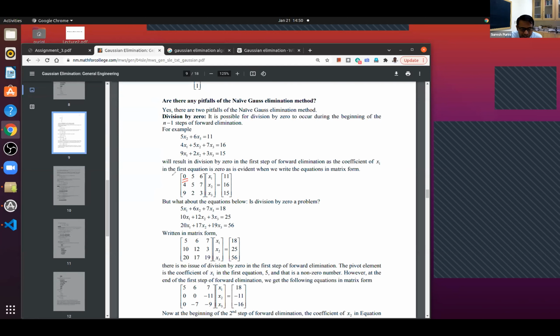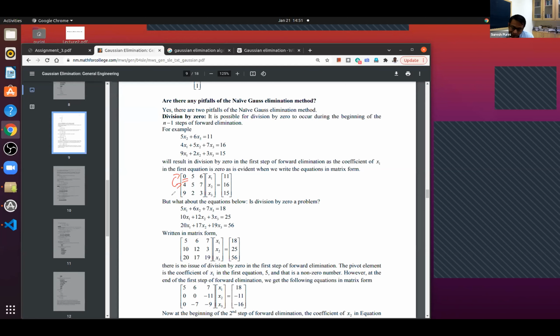We can swap this row with this row and work with it. How can we swap 2 rows? Can you write code to swap 2 rows? It's not difficult. Whenever you get a 0, you have to swap it with a row which is below it, not above it.